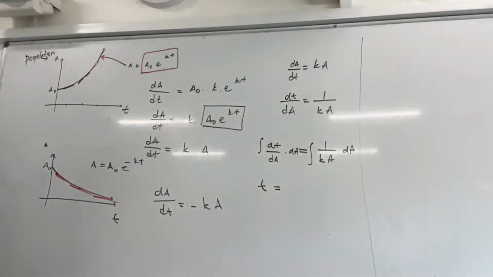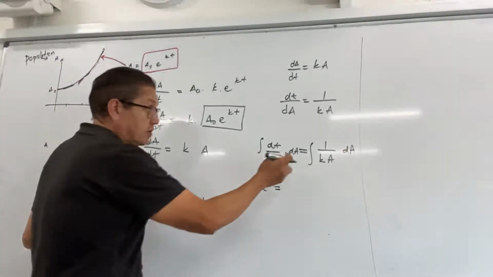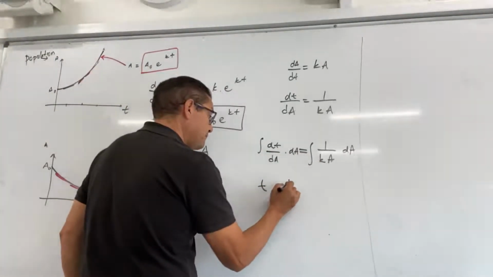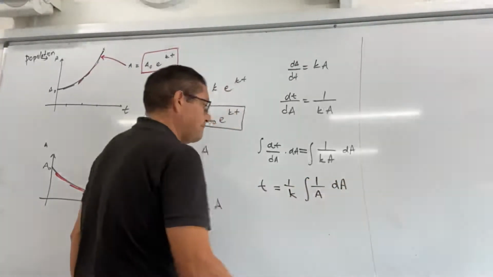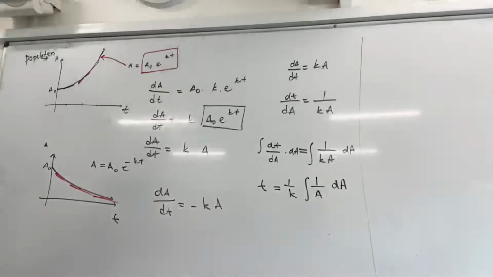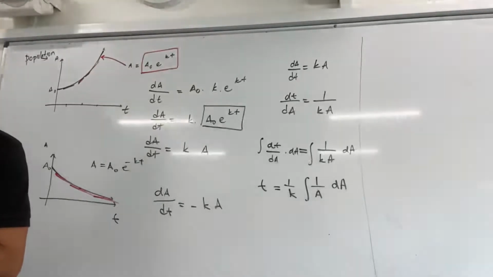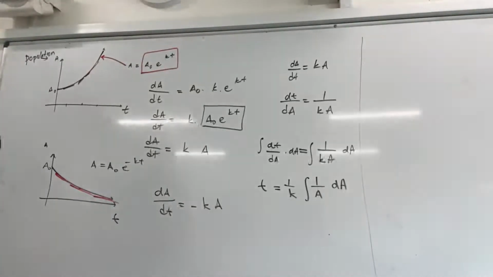k is a constant, isn't it? So I could move that constant out here. What would this be? What is the integral with respect to A of 1 on A?